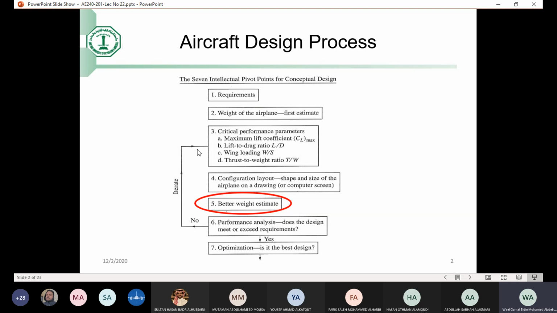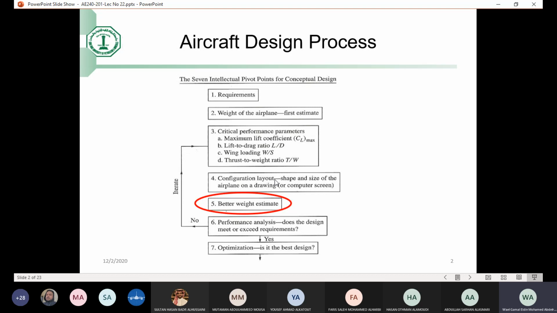If I use a smaller engine, now I need to recalculate everything: the new wing loading, check the performance, draw the configuration. So probably the wing is going to be smaller. Maybe the fuselage cabin will not change much, the tail cone will not change much, but maybe the nose part will be smaller because the engine is smaller.